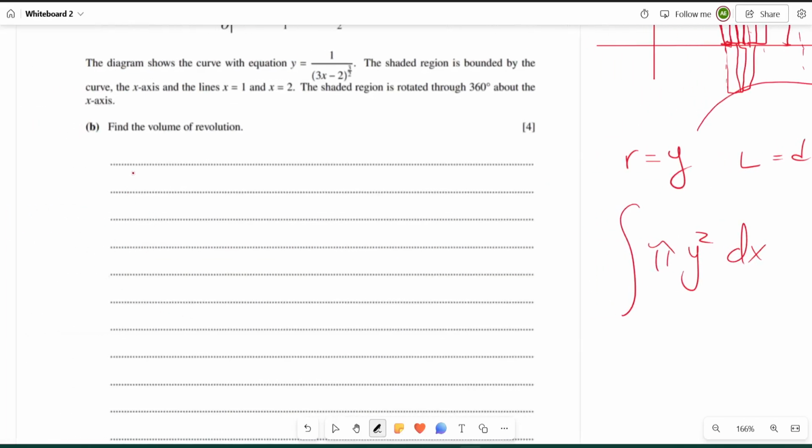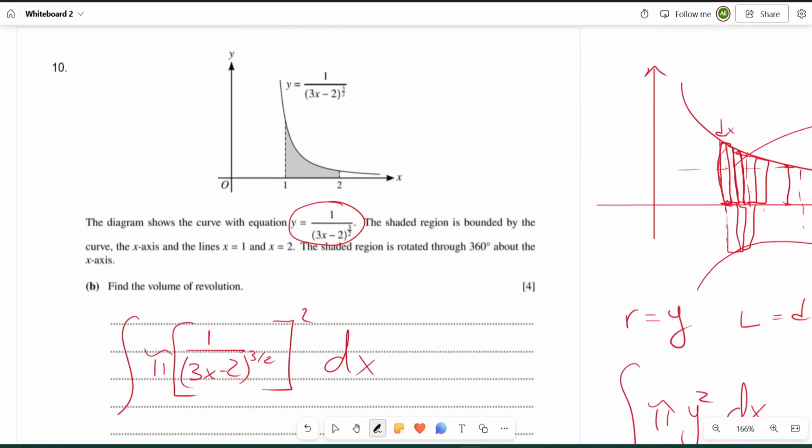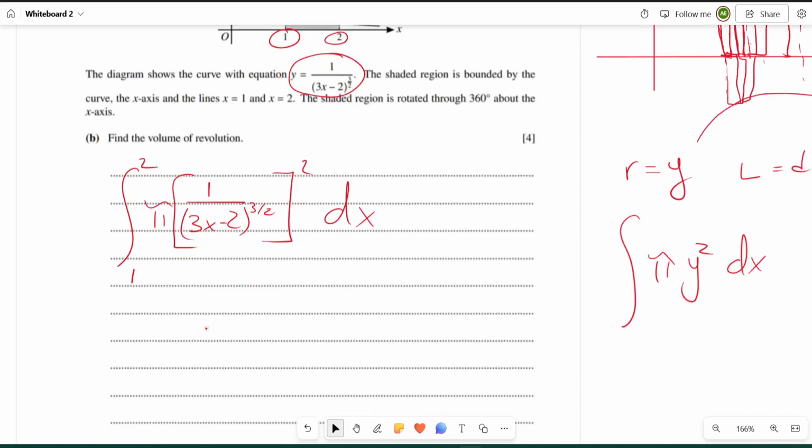So integration of pi y squared. What is y? y is 1 over (3x minus 2) to the power 3 over 2, and we need to square this whole thing, and then dx. And now we want to integrate from 1 to 2, so these are going to be our bounds.